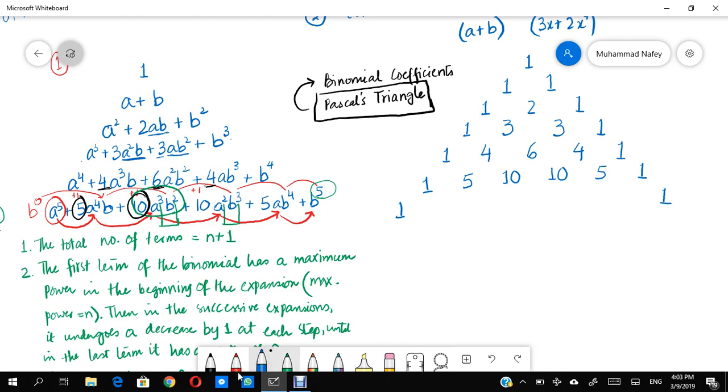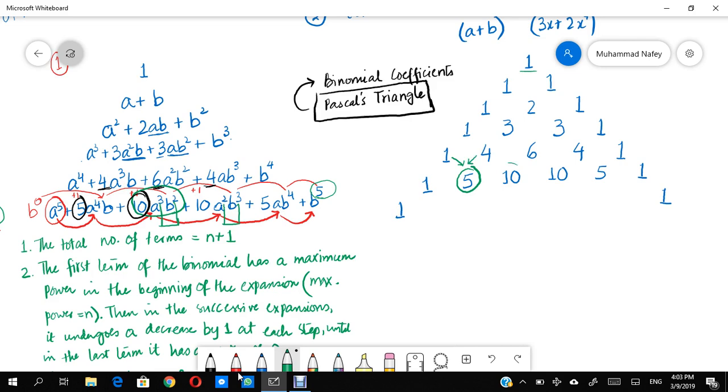So let's take a look at the fifth row. How do we obtain the sixth row? Sorry, the first row is just this one. So this is the first row, second, third, fourth, fifth, and sixth. How do I obtain this 5? This 5 is basically a sum of this 1 and 4.